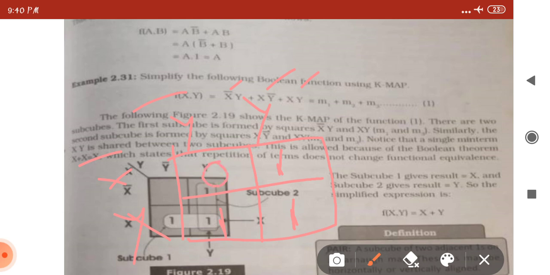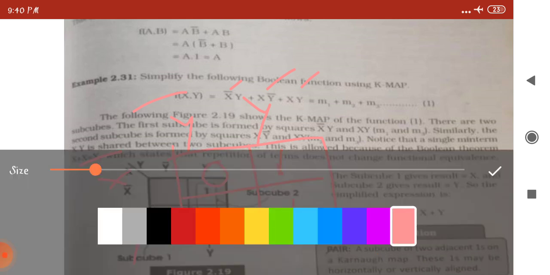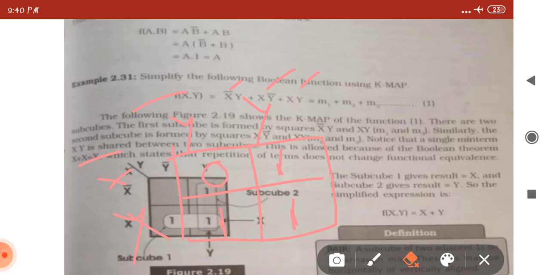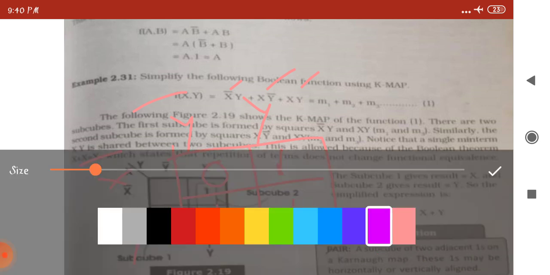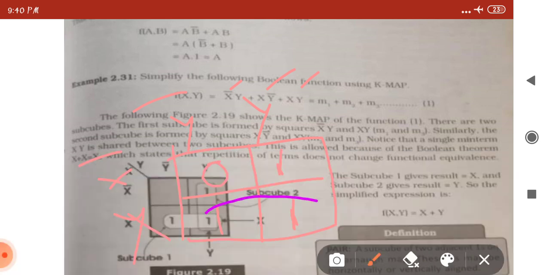This is the pair. This is the one group. Yes, this one is one group and this one is one group.